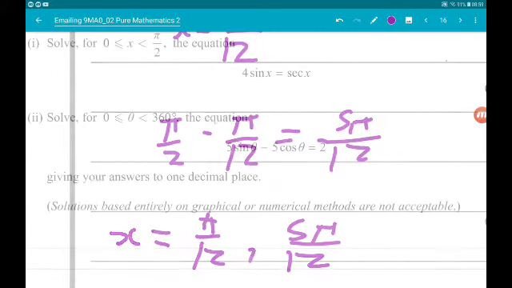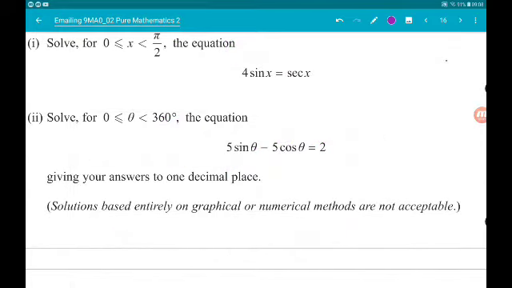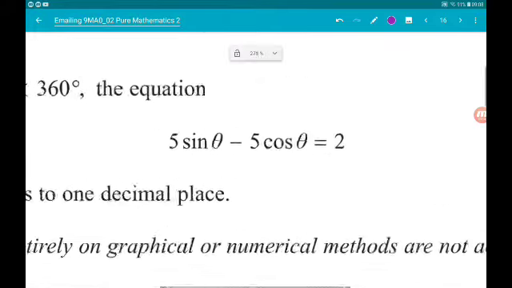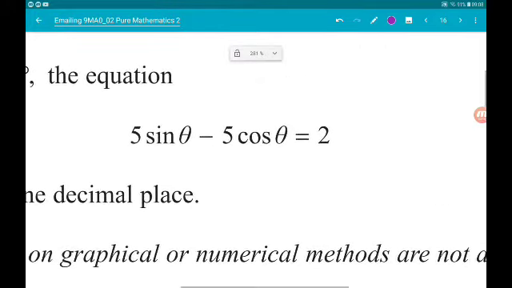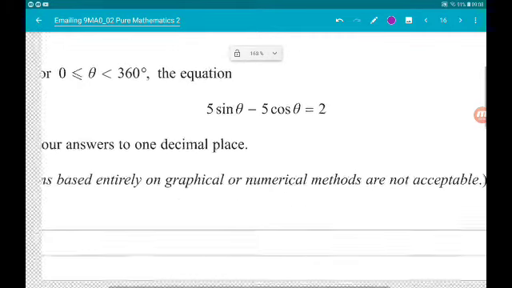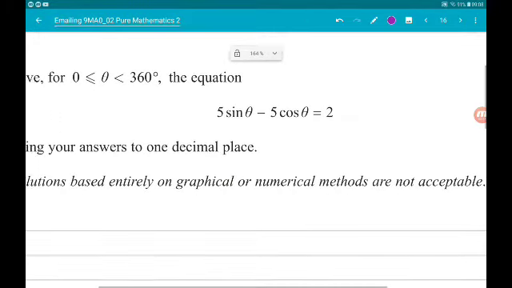Cool. Okay, then part B for 5 marks, and I would say quite a bit trickier. We want to solve for theta between 0 and 360, the equation 5 sine theta minus 5 cos theta is equal to 2, giving our answers to one decimal place.